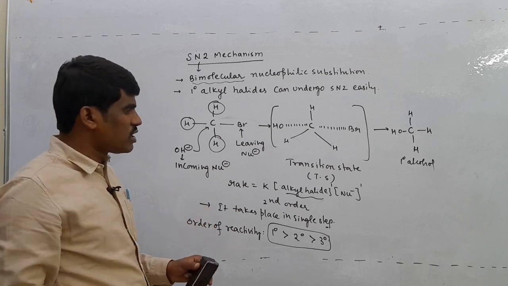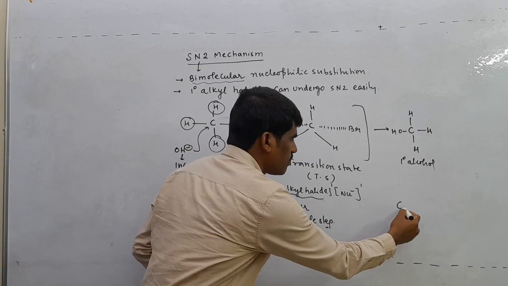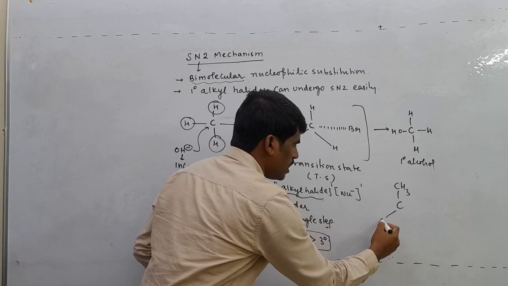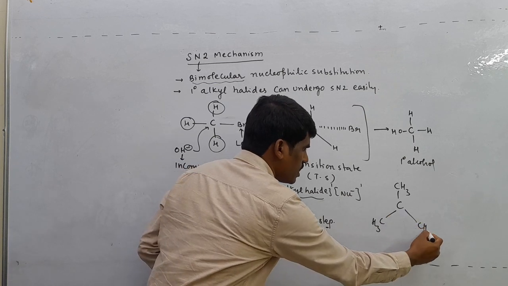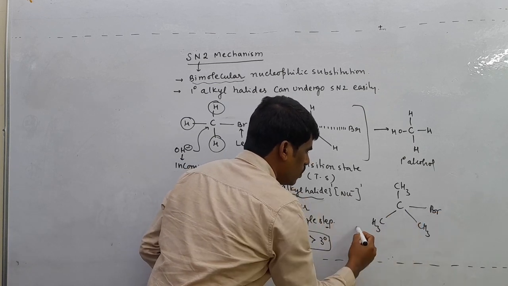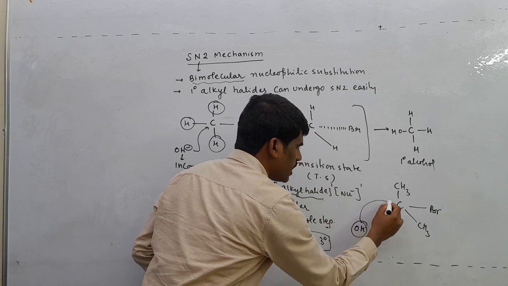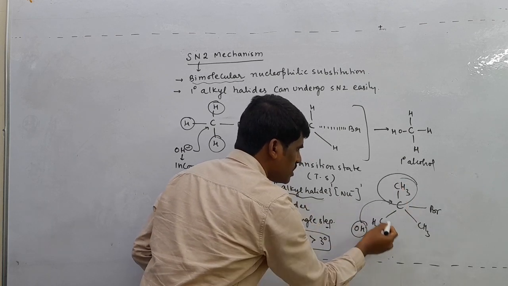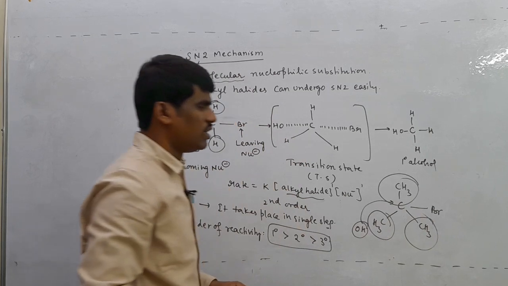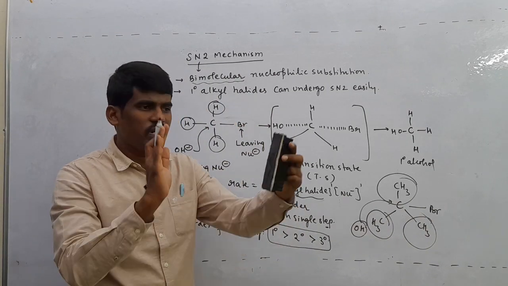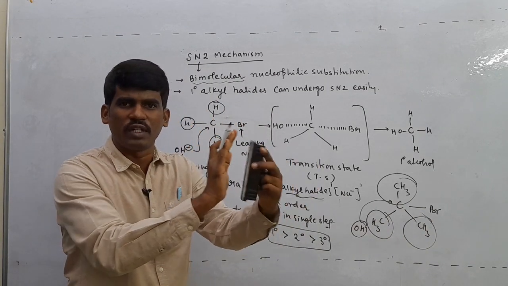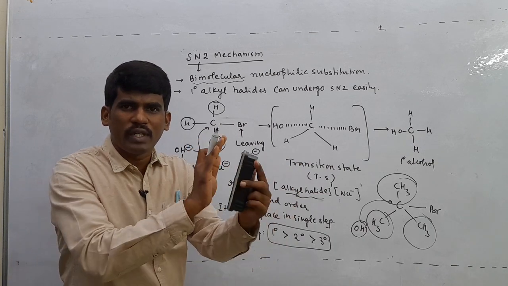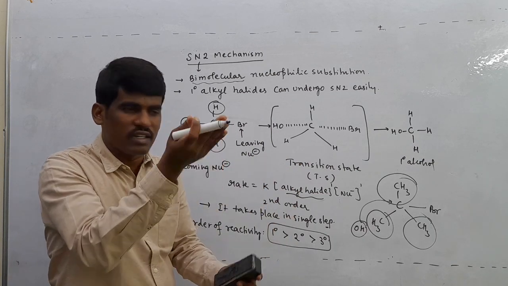If I take a tertiary alkyl halide like this and OH wants to attack from the back side, then CH3, CH3, CH3, the bulky alkyl groups, try to stop the attack of the nucleophile, creating steric hindrance.